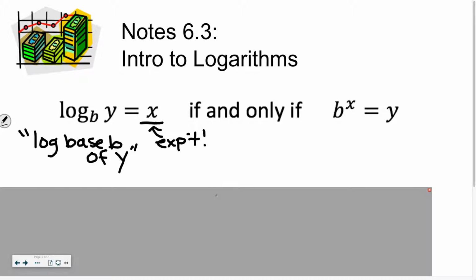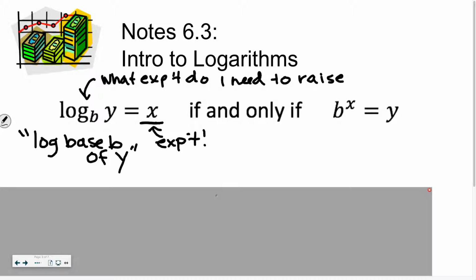So again, this is asking the question, what exponent do I need to raise base b to get y?